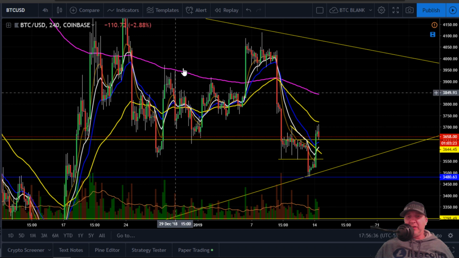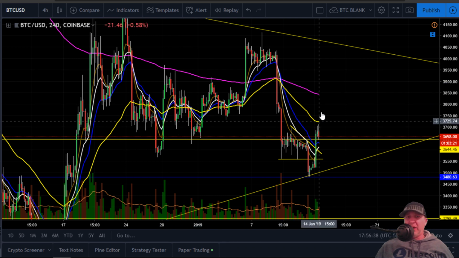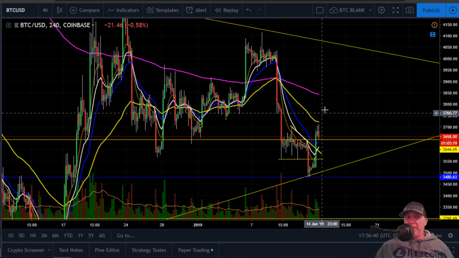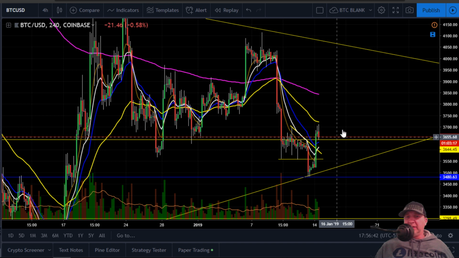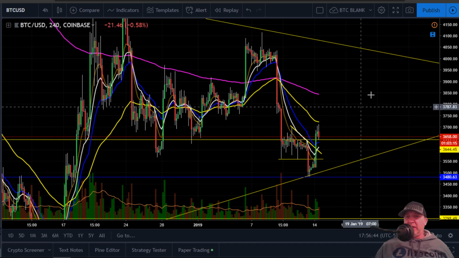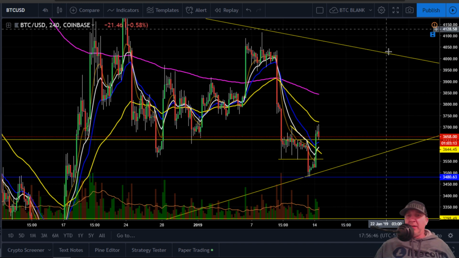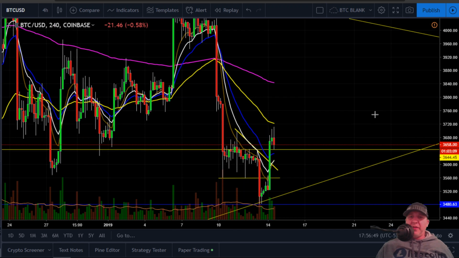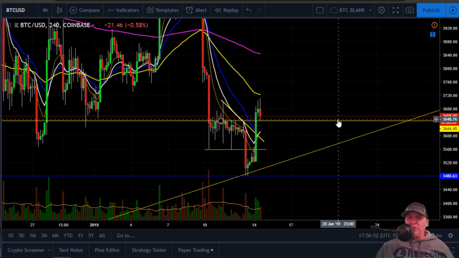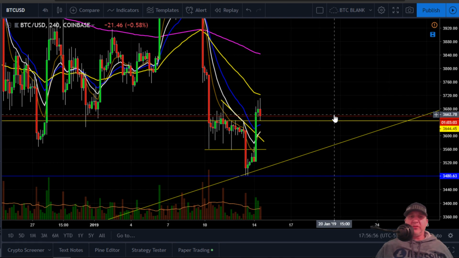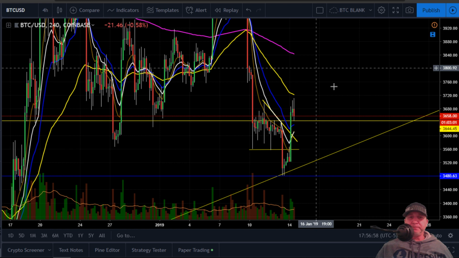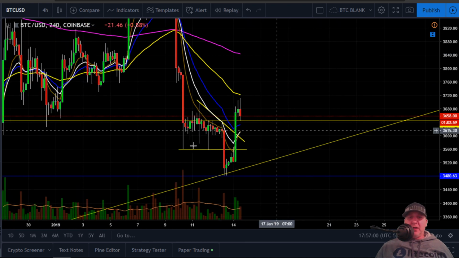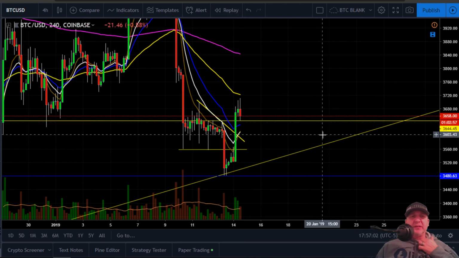And if it does the same as this, I believe we would get one more leg up and then maybe come back down, test this support again, and then continue up and back up into this area. But as of right now, I don't think that we're gonna drop below this 3640, 3645 range for a while. But again, just keep an eye on these support and resistances.